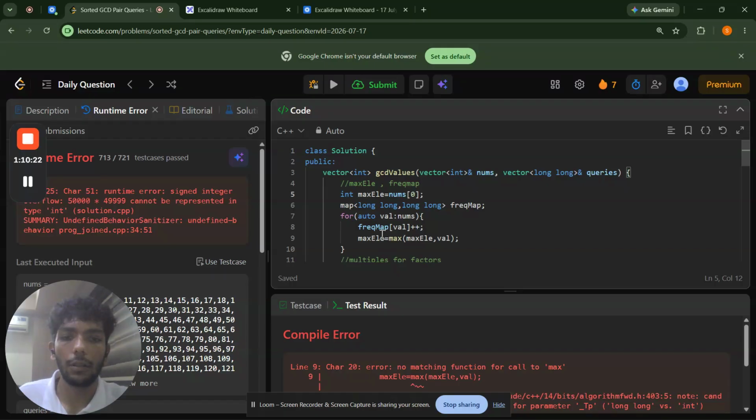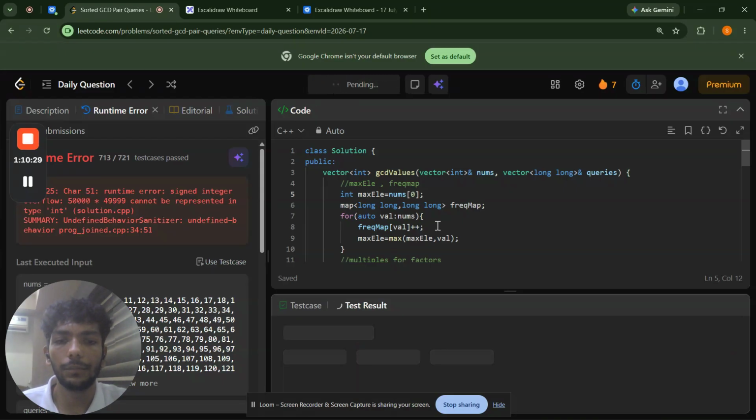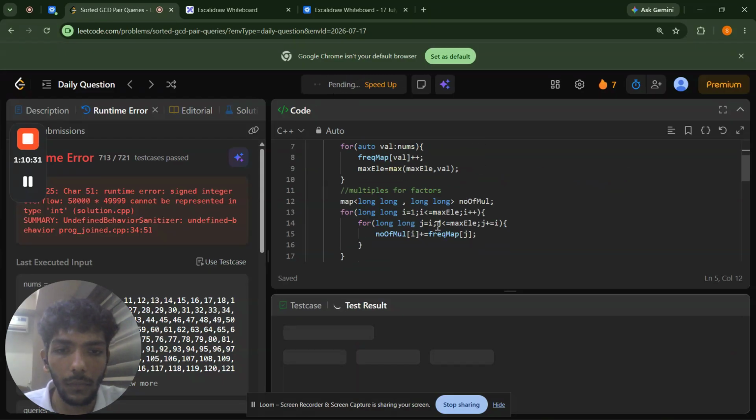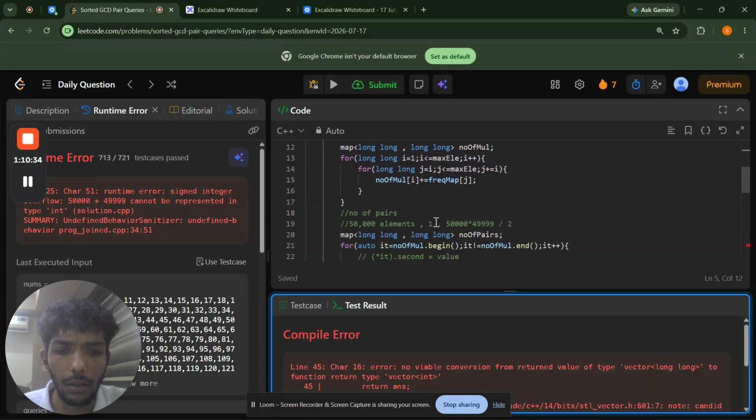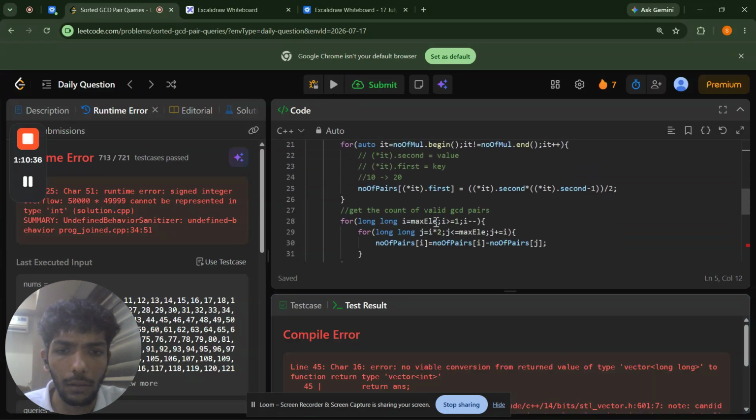For your information, max doesn't work with long. I guess it should not have gone up to long.